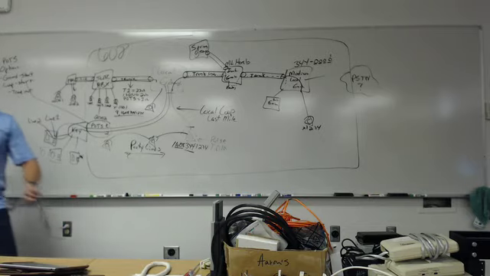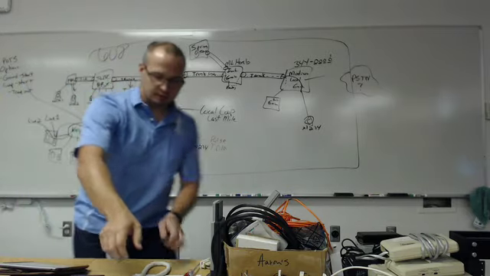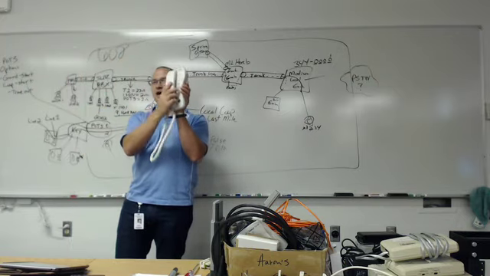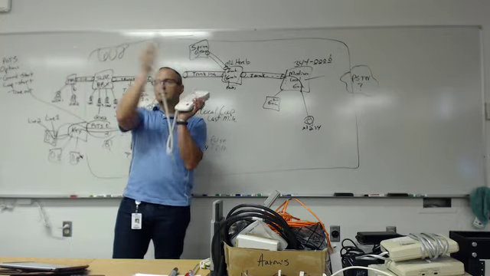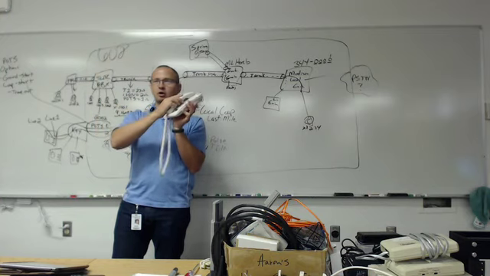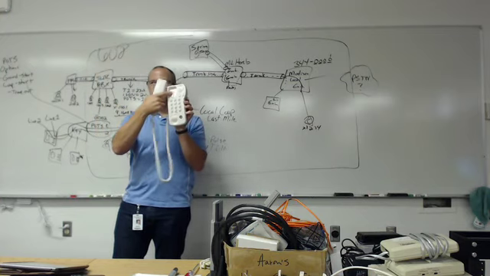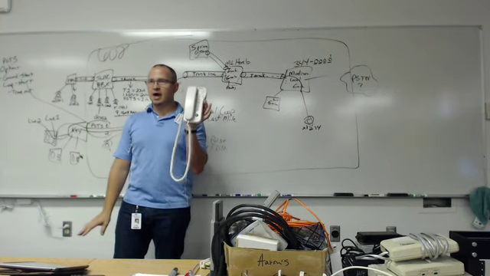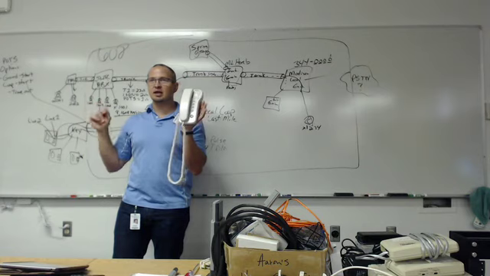So let's go over the concept of on hook and off hook. This is on hook, this is off hook. This is the hook, by the way. When you put the phone on hook, it times out, and then we disconnect that circuit. This is the automated switch doing this.